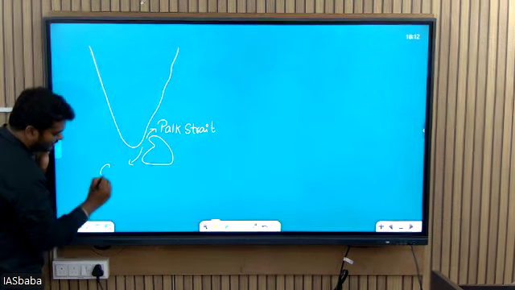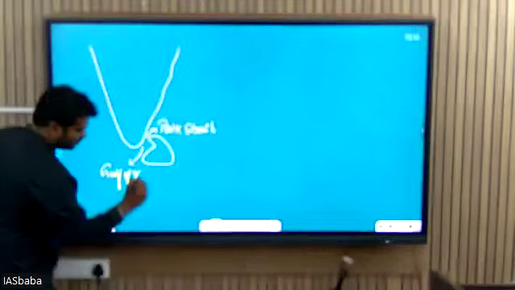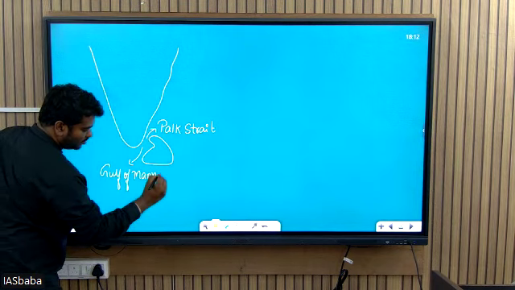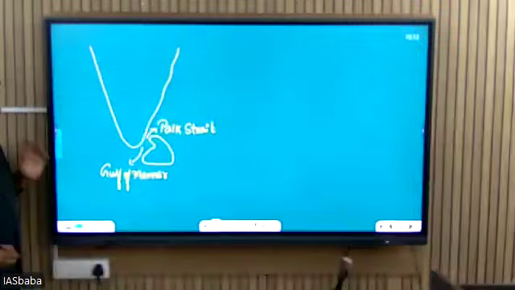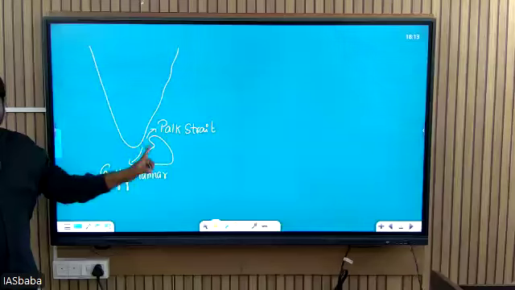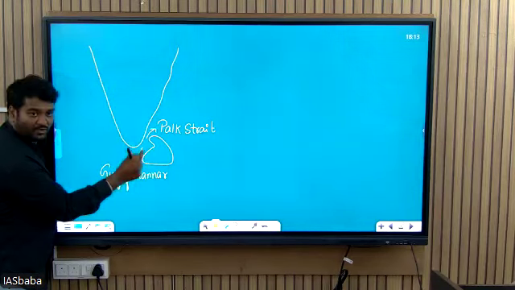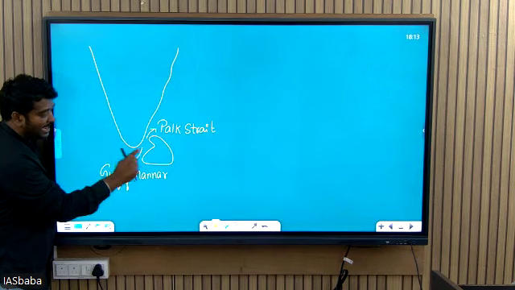Below region is what? Palk Strait and Gulf of Mannar separate India and Sri Lanka. Gulf of Mannar, you can see the gap is more.